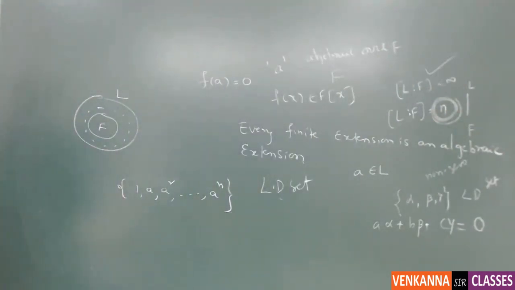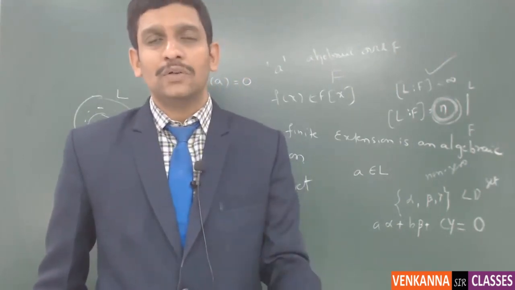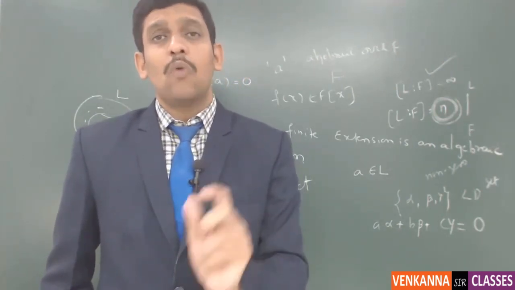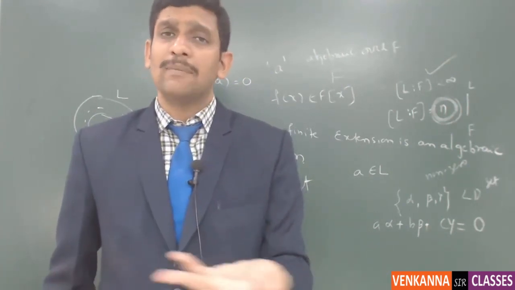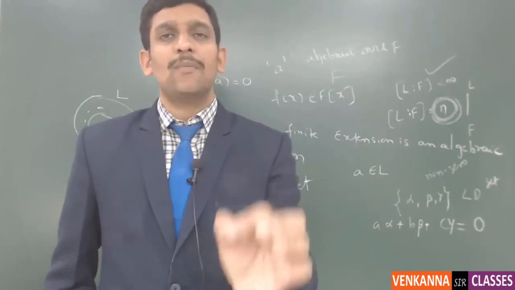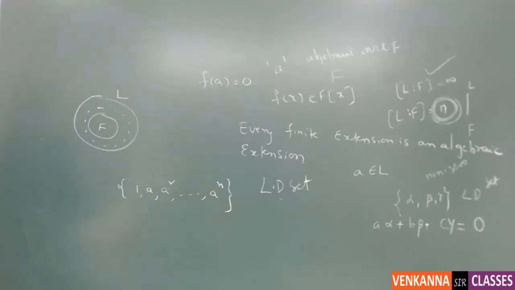Are you clear? Right. So, applying the same definition here, since this set has n plus 1 elements, I can find a linear combination whose result is 0, in which the numbers are not all zero. It means at least some of them are non-zero. That was the definition of a linearly dependent set. So immediately I can say that I can find the set of scalars, right?